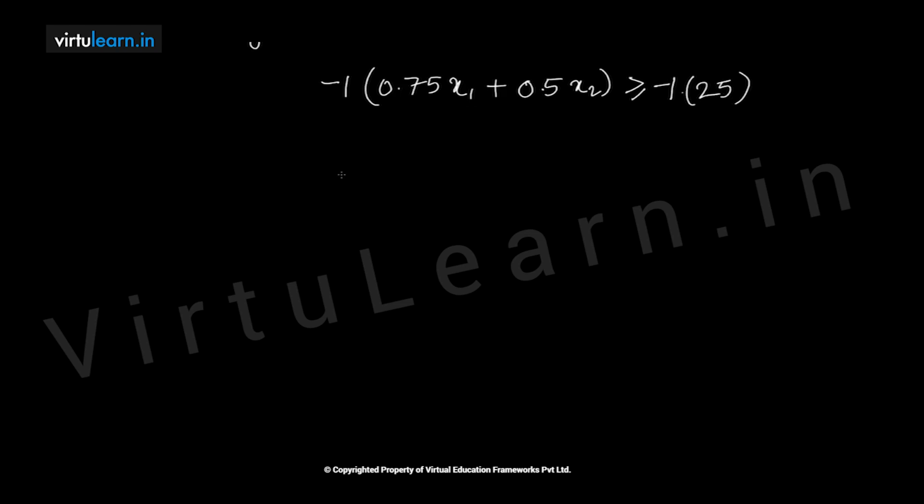Sorry, a mistake there. Now, multiplying by -1 reverses the inequality. Then this equation becomes -0.75x1 minus 0.5x2 is less than or equal to -25. This is how we have converted this equation.